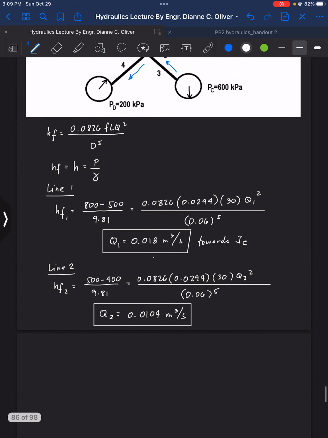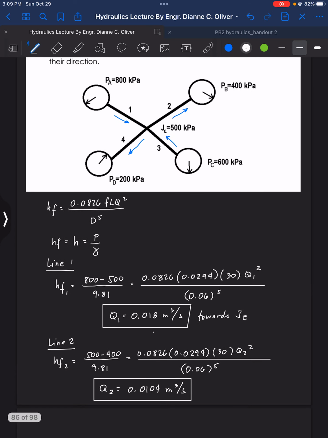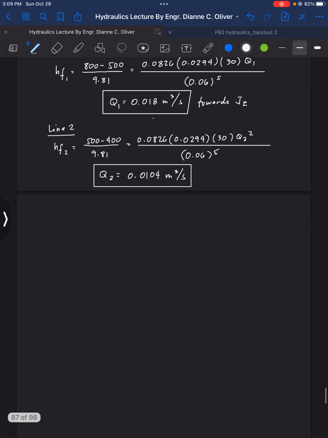And the flow here is away from junction E. Next, let's go to line 3.